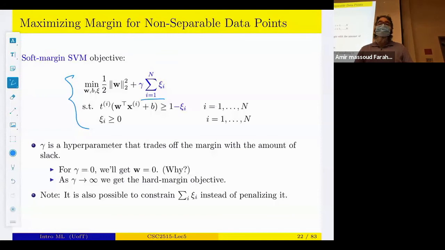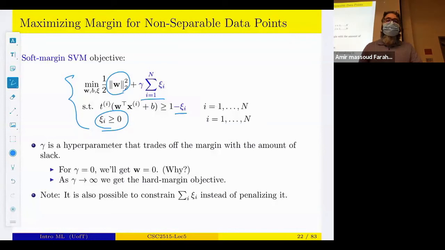This basically says how much we want to pay attention to the norm and how much we want to pay attention to violation of the margins. The constraint becomes the same as before, except that now instead of 1 we have 1 minus ξi, and ξi also should be non-negative.